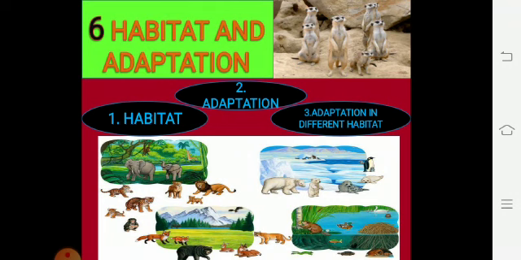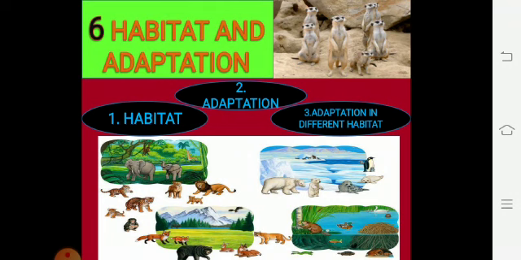So this chapter is divided into three categories. First, we will discuss habitat. Second, we will discuss adaptation. Third, we will discuss adaptation in different habitats. Before we start this chapter, let's discuss something about the living place.